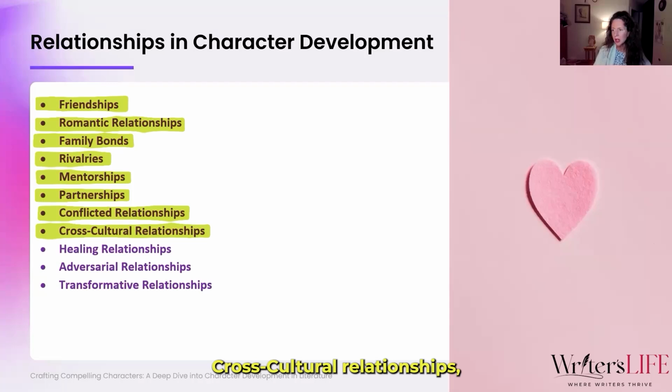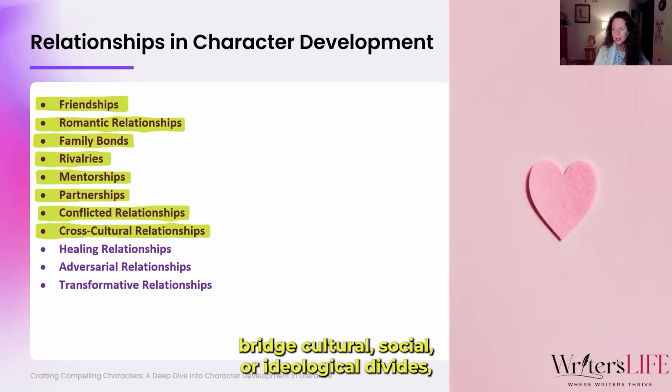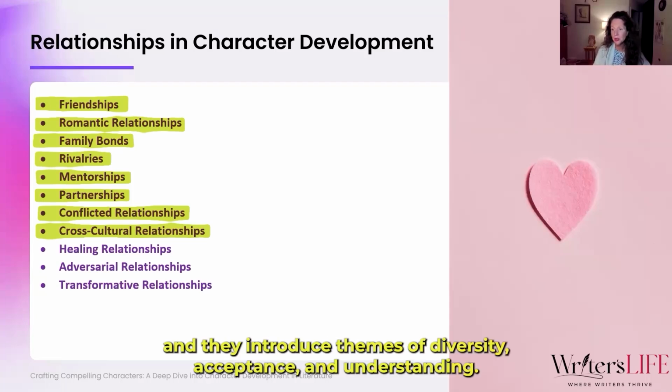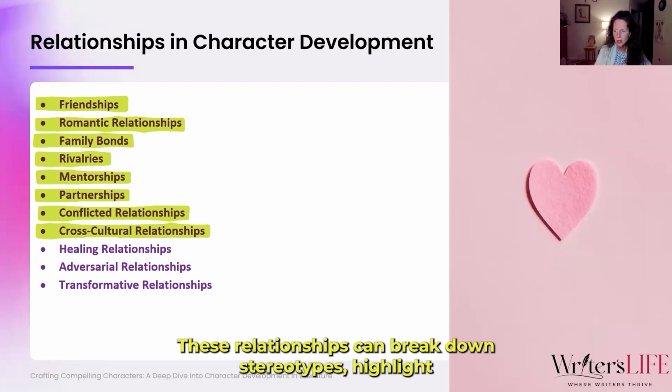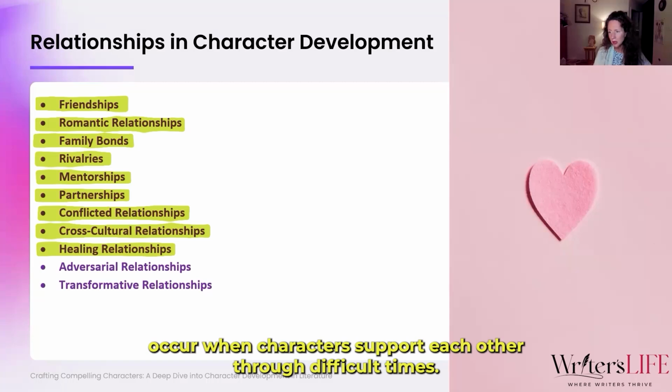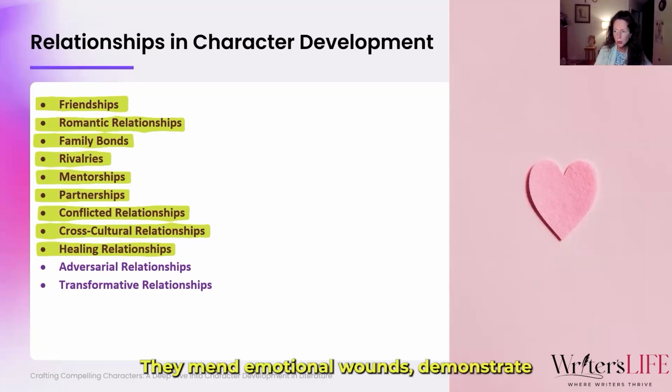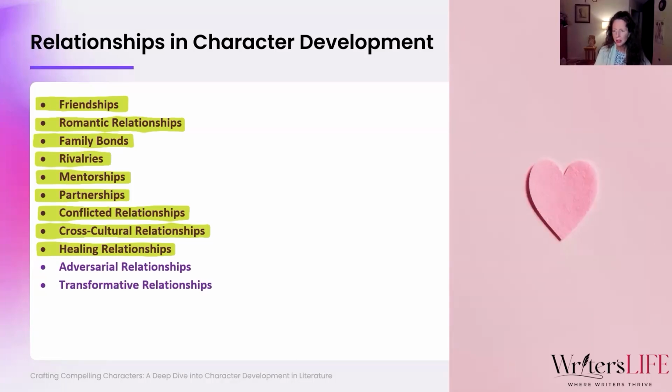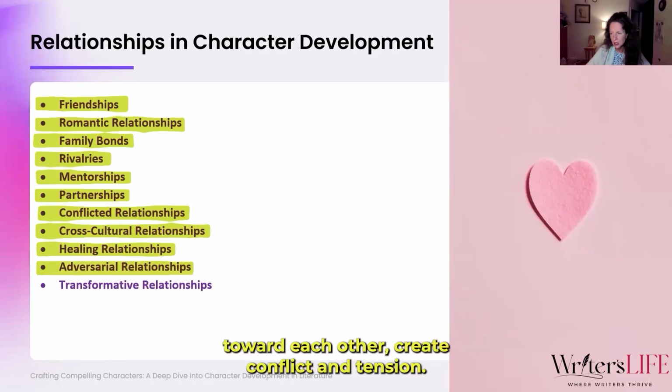Cross-cultural relationships bridge cultural, social, or ideological divides, and they introduce themes of diversity, acceptance, and understanding. These relationships can break down stereotypes, highlight commonalities, and celebrate differences. Healing relationships occur when characters support each other through difficult times. They mend emotional wounds, demonstrate the therapeutic power of human connection. Adversarial relationships, where characters are antagonistic toward each other, create conflict and tension.